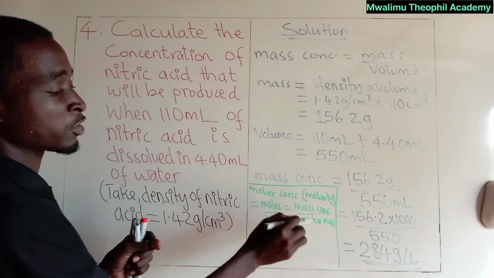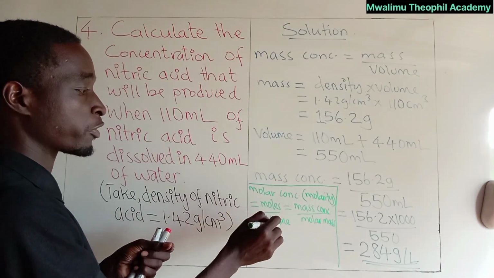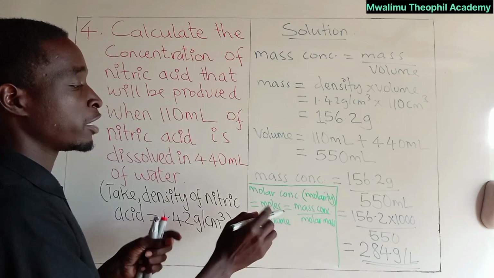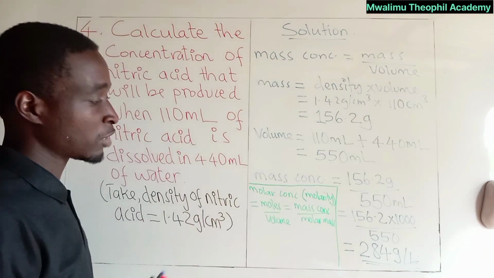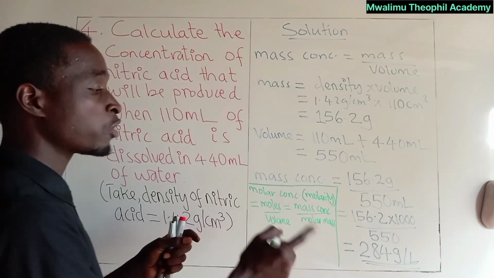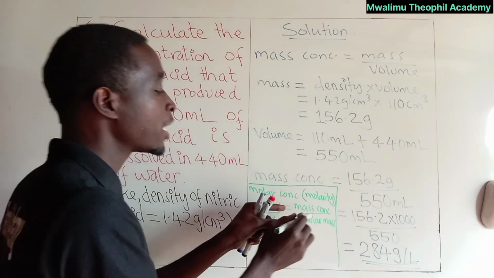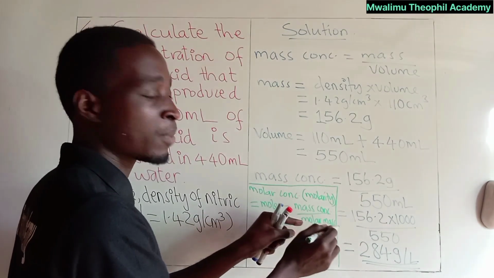So the ratio of mass concentration over molar mass is the same as taking number of moles over volume. Both give you the molarity of the particular solution. Here, as we have the mass concentration, we are not going to use the formula which involves finding the number of moles. We are going directly to use the ratio of mass concentration to the molar mass.